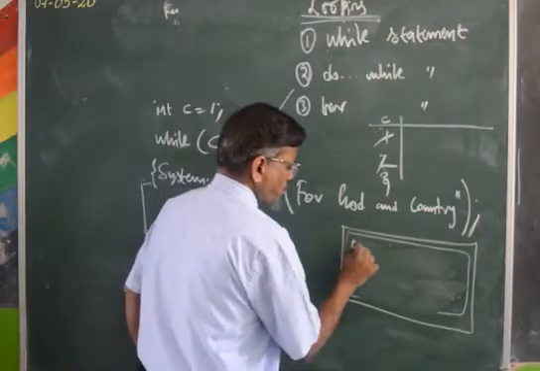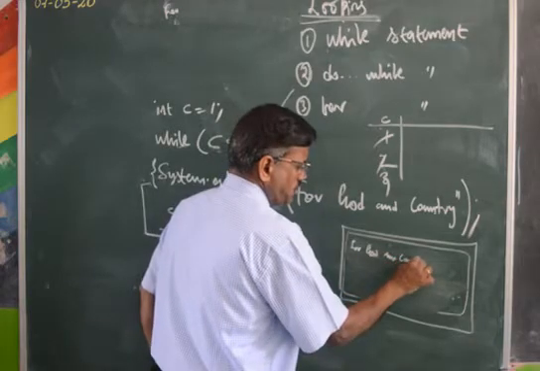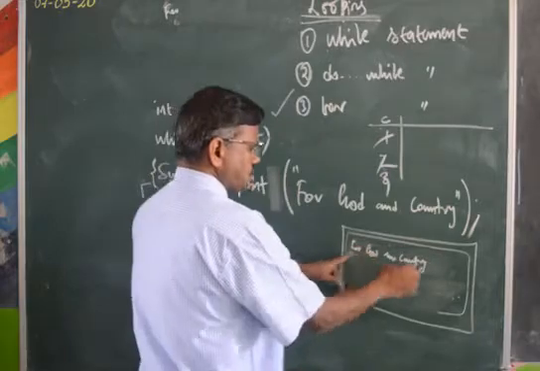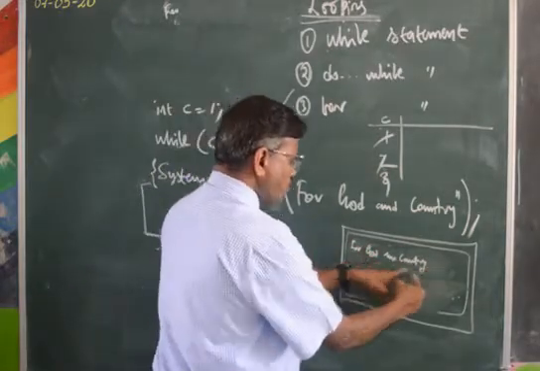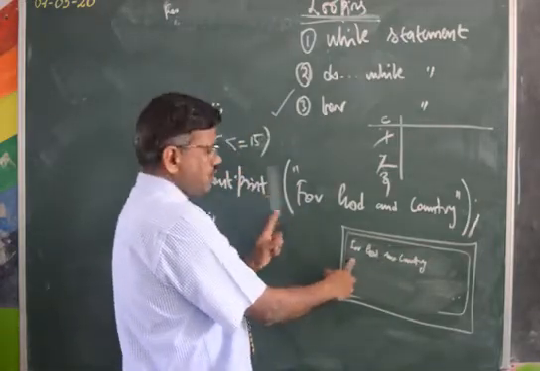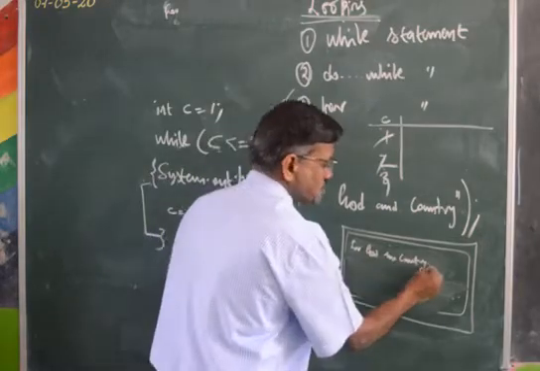System.out.println means for God and country, once the first line is printed, println will let you go to the new line. Because I took ln out, the cursor will not come to the new line, it remains here.